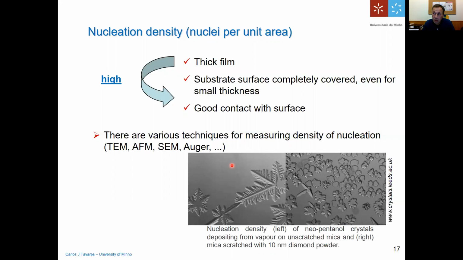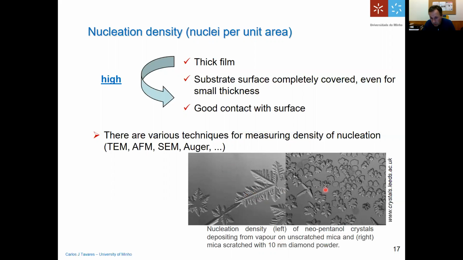Also in biology, mica is used as a substrate to hold DNA, because due to the Coulombic attraction between the mica planes and the DNA, you can hold this DNA molecule and hinder its mobility. So it's easier to analyze it using specific techniques, for example, AFM.